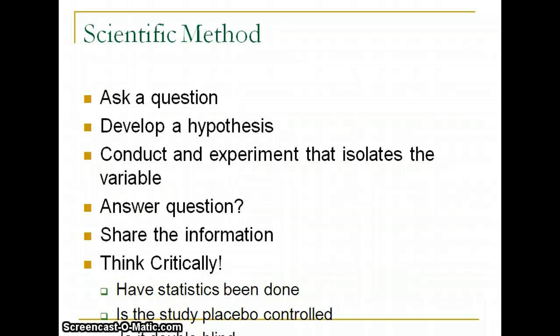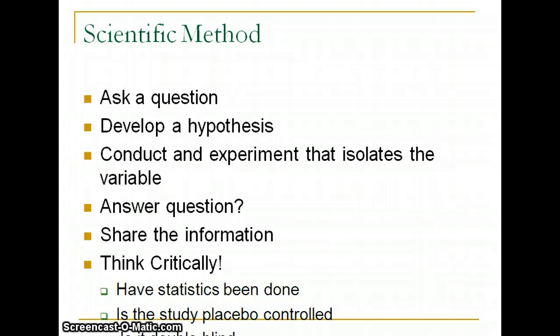It's very important. Okay, so I want to talk a little bit about the scientific method. The scientific method is basically the process that we use to figure out information and do research studies. It has several steps. The first one is to ask a question. So the question might be, what is the effect of carbohydrate replacement on 10K running performance? Right. Then we develop a hypothesis.